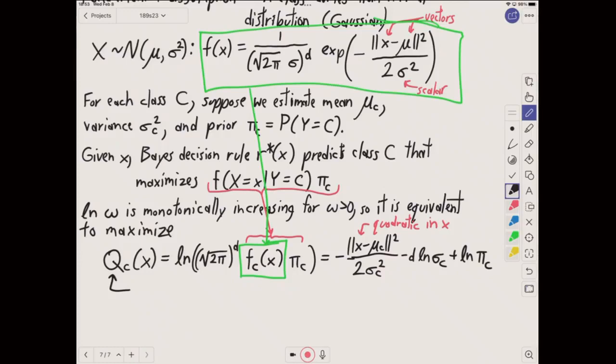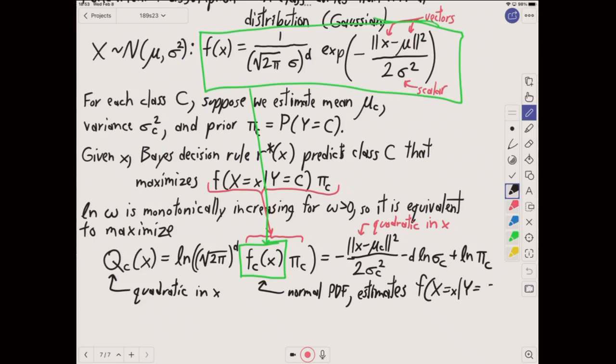So I called this function q to remind you that it's quadratic. And again, just a reminder that this is the normal PDF, which estimates how likely it is that we'll pick sample point x if we just pick a random item in class C.